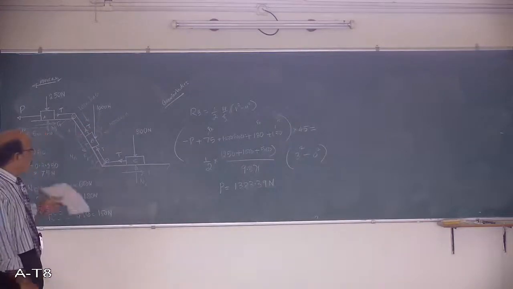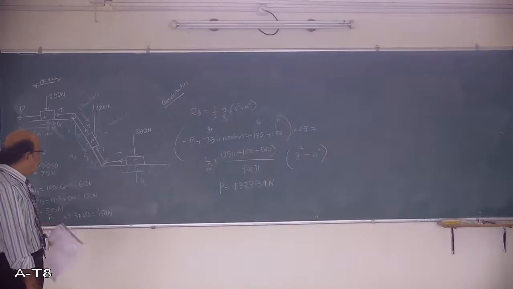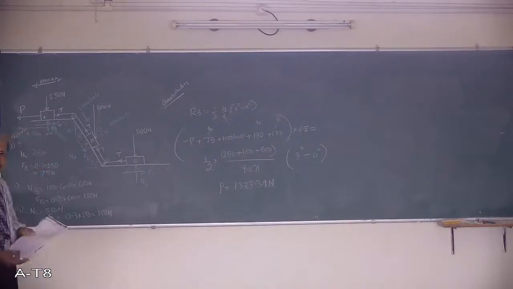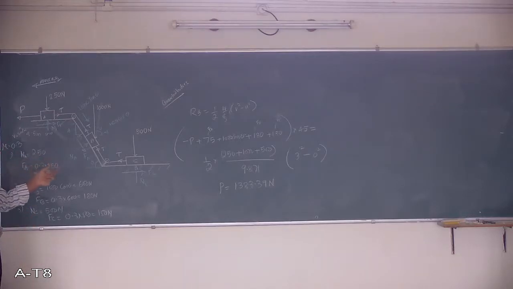Very simple. In one equation, this entire problem is solved. Only thing is, in these problems, the drawing of the free body diagram is very important. Showing the frictional force, inertia force, all those things you should show properly. 50% of your problem is solved. And the remaining is simply you have to substitute the related parameters in the equation and you will get the answer.